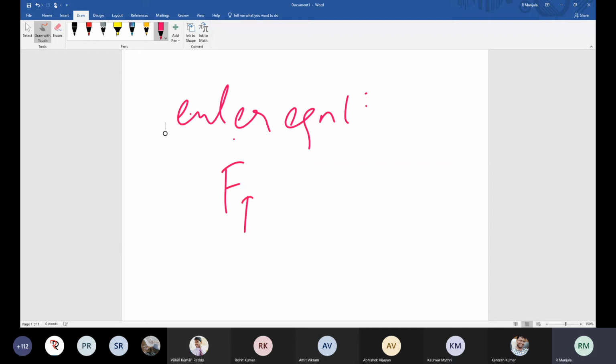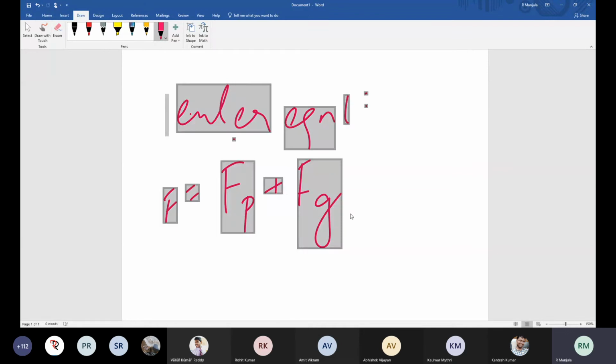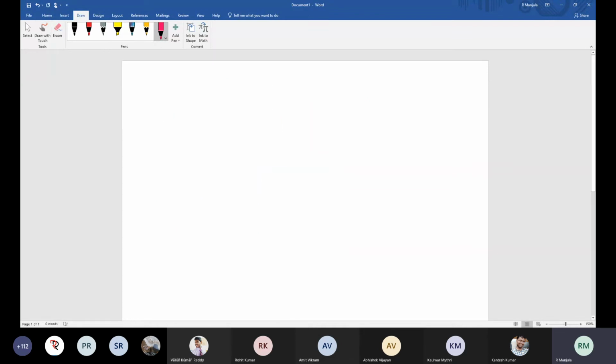Flow is ideal and force due to viscous pressure and force is due to gravity. Am I right? This is the basic definition for total forces: it will be equal to force due to pressure and force due to gravity. And why I am talking about this here is, what is the Reynolds number?